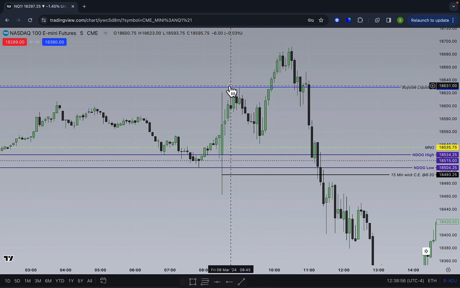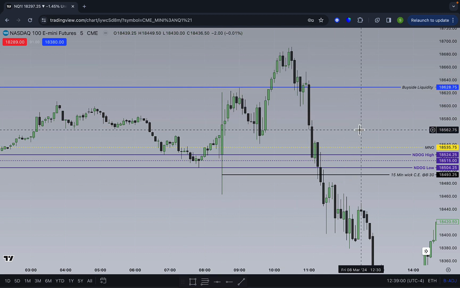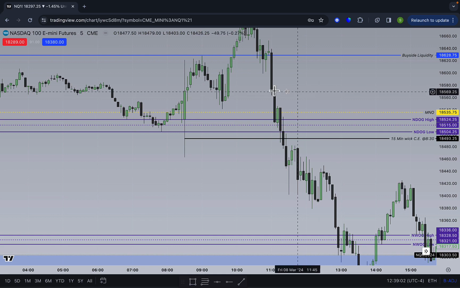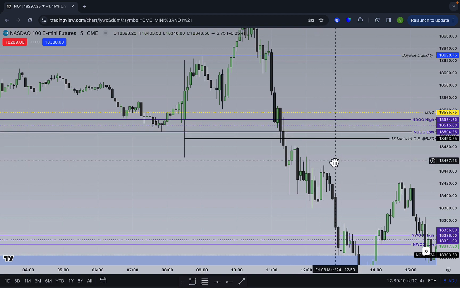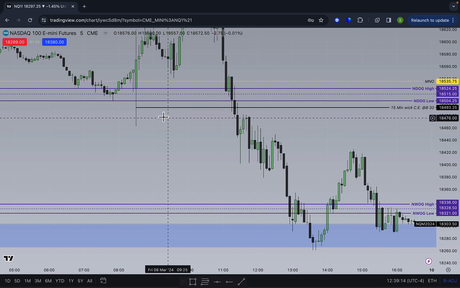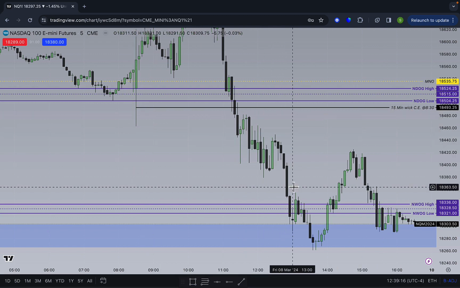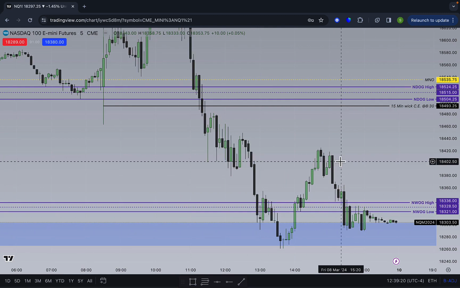We finally take out this buy side liquidity pool, and then we break lower and come through new day open gap. It treats it as almost a form of resistance. As we fall down, we break through the 15-minute consequent encroachment of that wick. And of course, tumble, retracement, fall again by the end of the day.